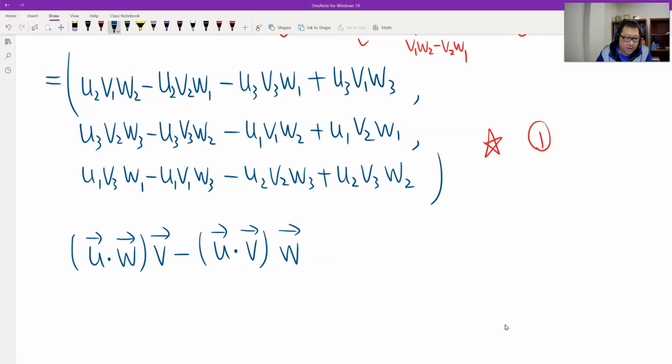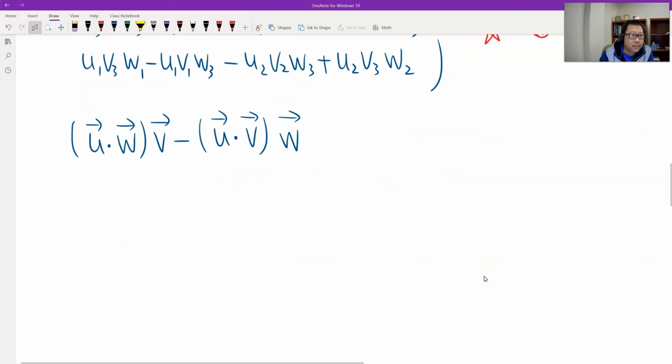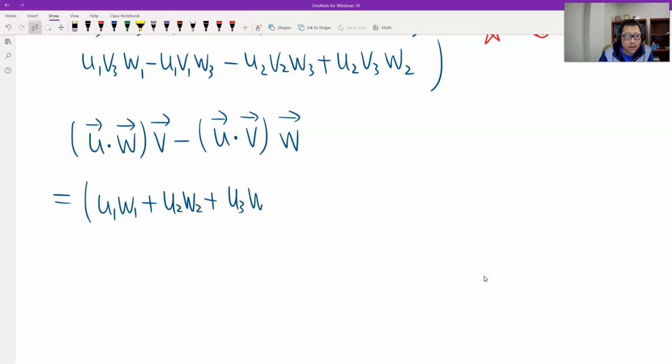This is not complicated, so we can calculate directly. What is the dot product? The dot product is a number: U1 W1 plus U2 W2 plus U3 W3, times V. V is V1, V2, and V3, right? Okay, so minus.